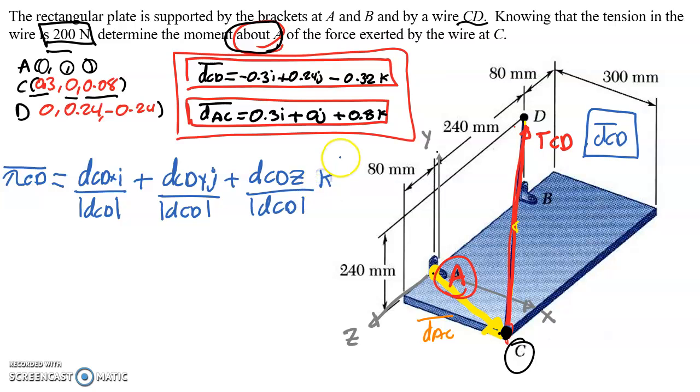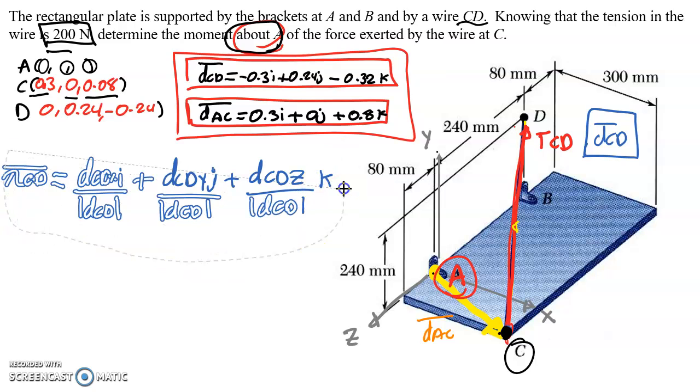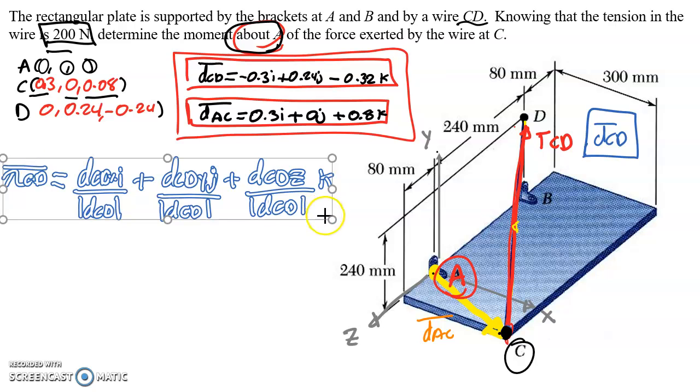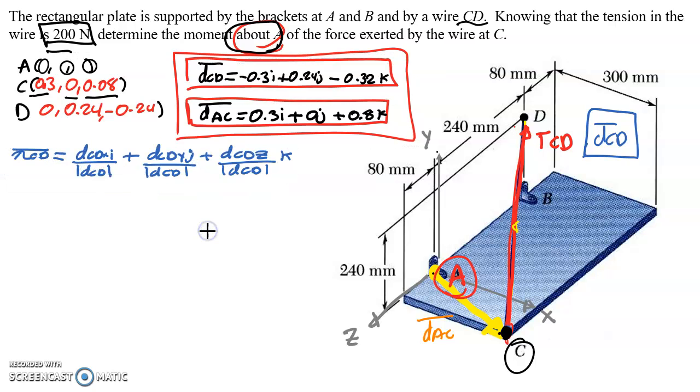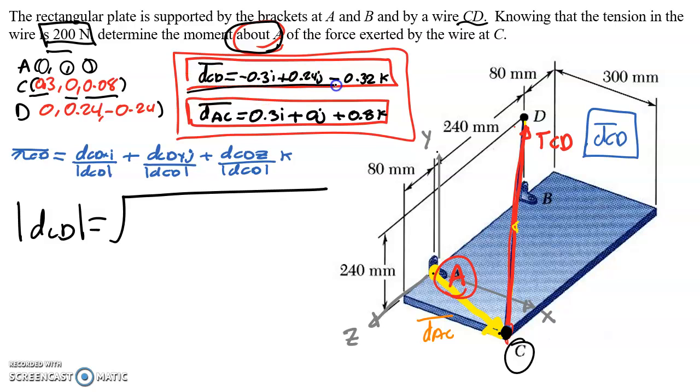Hence, we need to obtain the value of the module. So our module is going to be calculated as the module of the vector DCD equal to the square root of each component of my DCD vector. That means 0.3 squared plus 0.24 squared plus 0.32 squared.